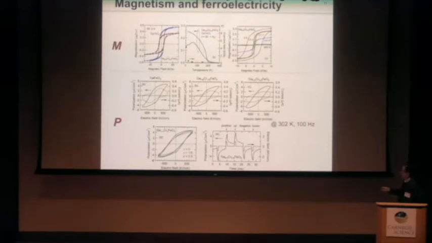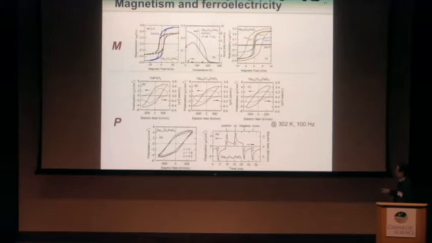This is gallium ferrite, partially substituted gallium ferrite, and 50% substituted gallium ferrite by chromium, at room temperature. These materials show ferroelectricity like this, but the leakage becomes large with the increase of the chromium content.